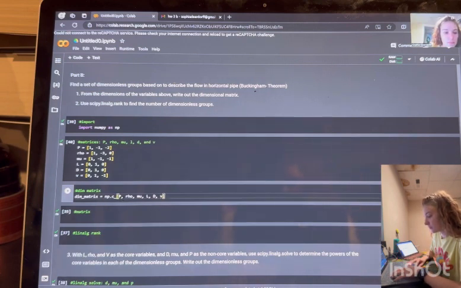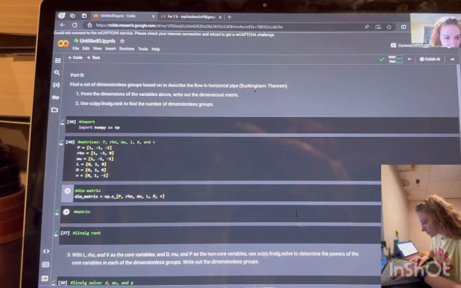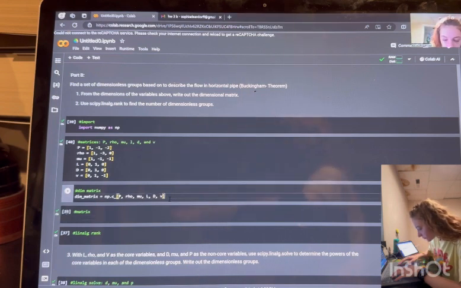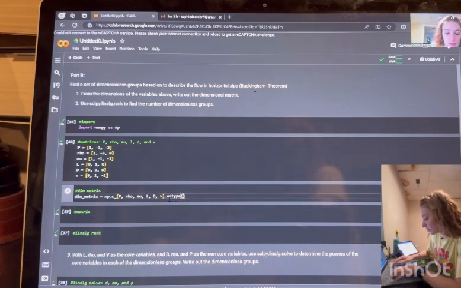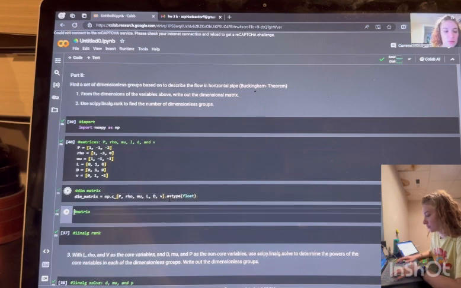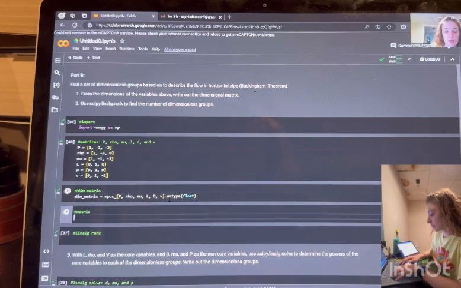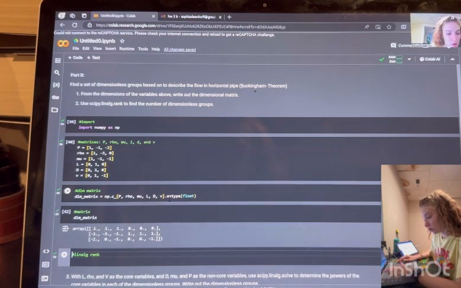And then we have to add the dot astype float. And then we do dim_matrix to have it show what we found.